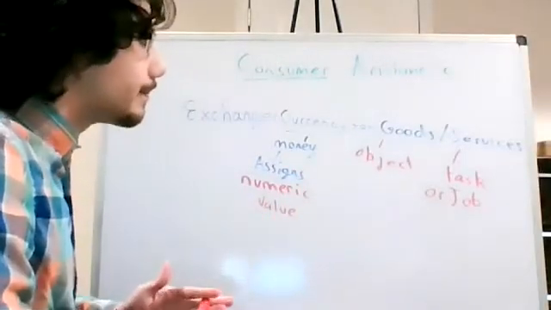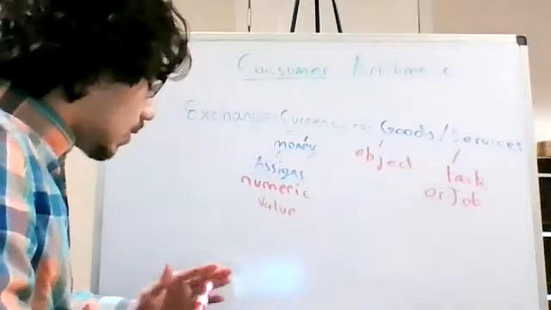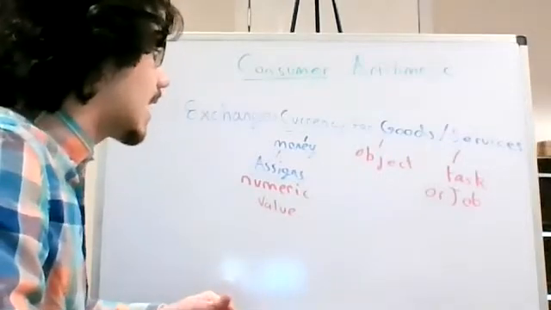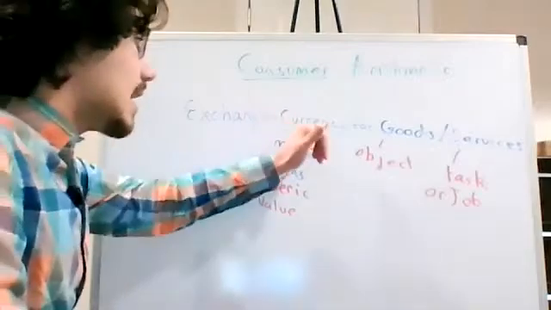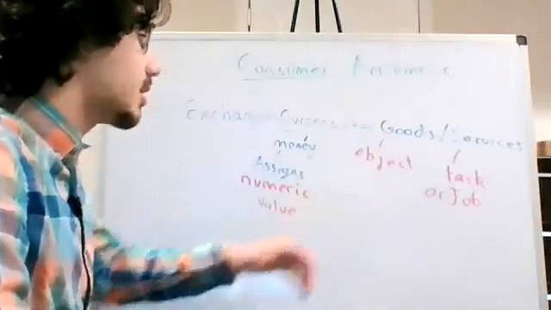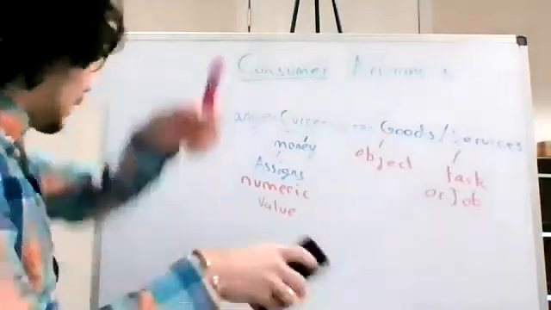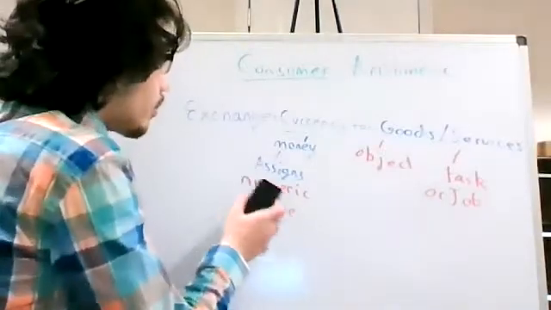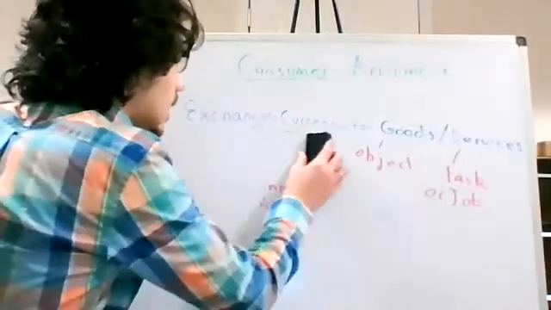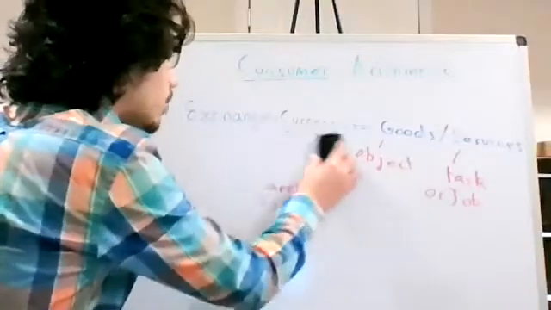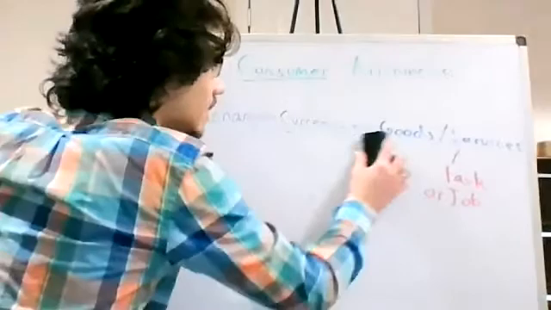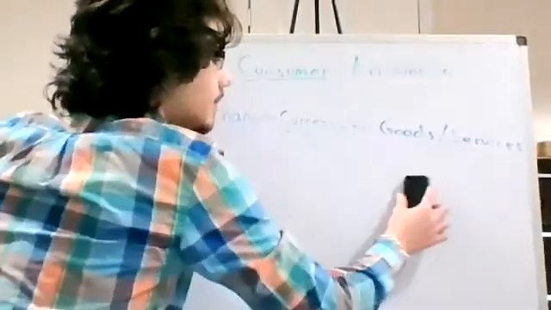Now, usually, one thing that happens is that currency is the most popular exchange, but there is more than one way of exchange, in a sense.